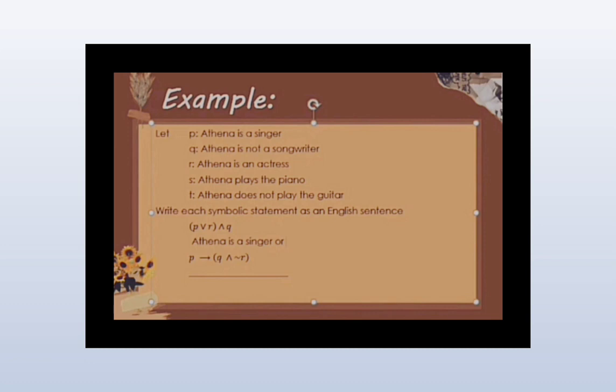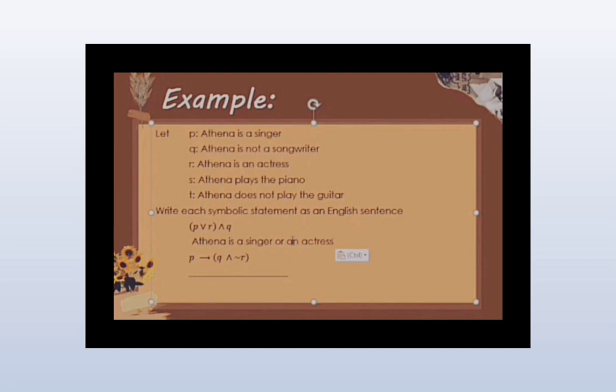Since we already have Athena, we cannot write Athena again because it's redundant. So we have: Athena is a singer or an actress.